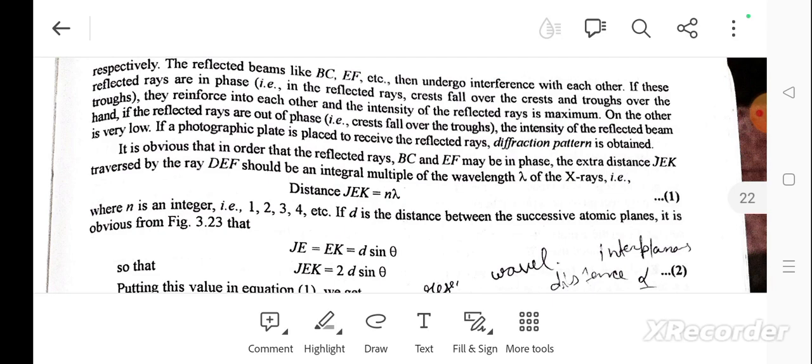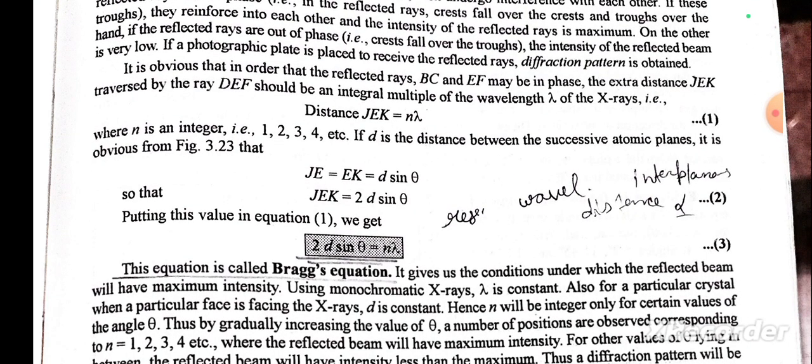If a photographic plate is placed to receive the reflected rays, a diffraction pattern is obtained. In order that the reflected rays BC and EF may be in phase, the extra distance JEK traveled by the ray DEF should be an integral multiple of the wavelength lambda of the X-ray. The distance JEK is equal to n lambda, where n is the integer 1, 2, 3, 4, etc.